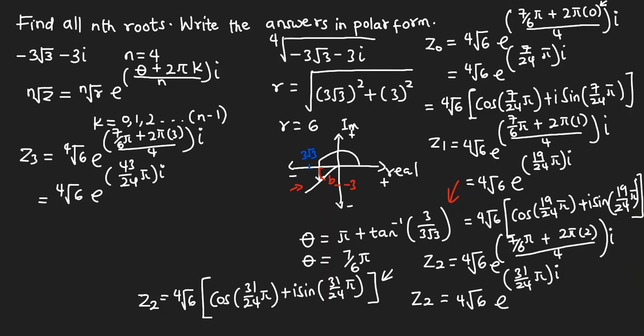Okay, so writing this in polar form, I'm going to get the fourth root of 6 multiplying cosine of 43 over 24 pi plus i sine of 43 over 24 pi.